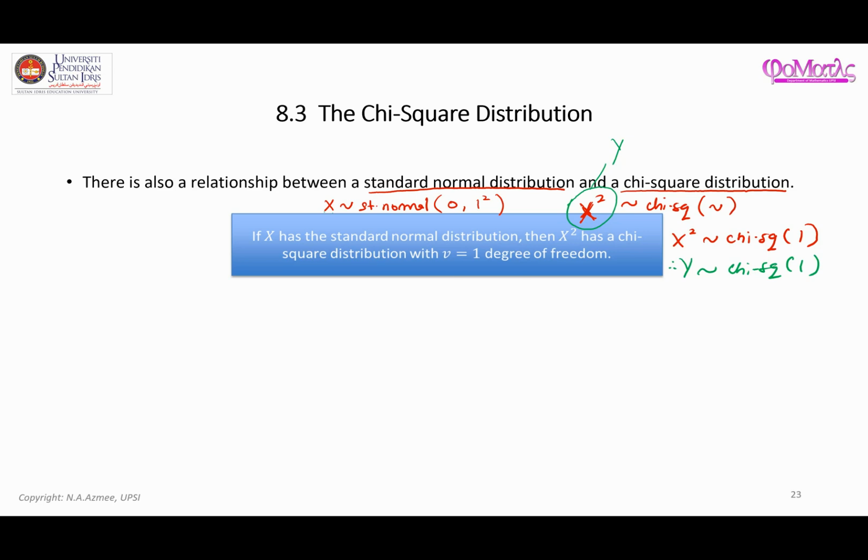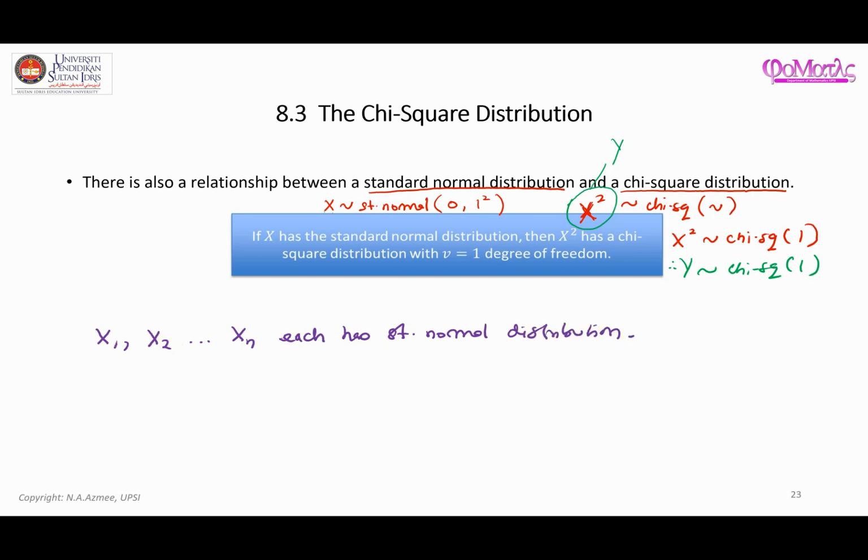Now let's try to imagine the process if we have several independent standard normal random variables. Let's say I have X1, X2, up to Xn.